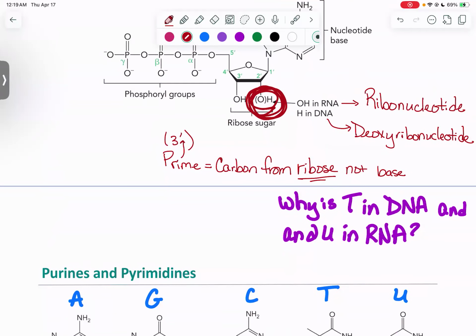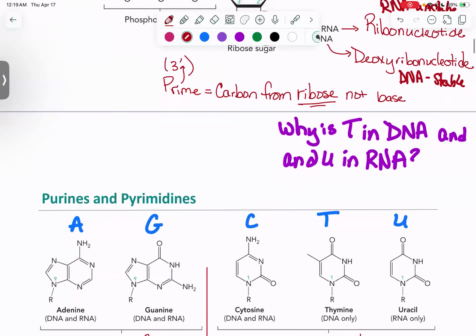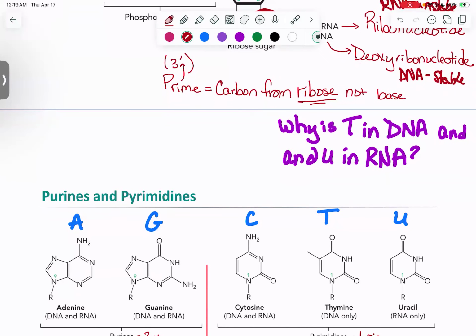So it's the hydroxyl that tells me that if I incorporate my ribonucleotide, the RNA will be unstable. And if it's just the H, it'll be DNA and it'll be very stable. So stability has nothing to do with T and U.